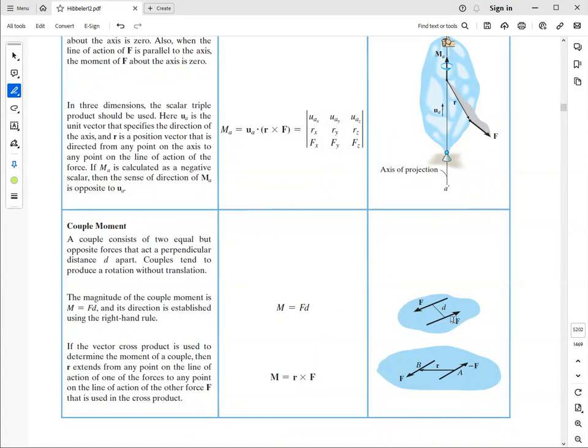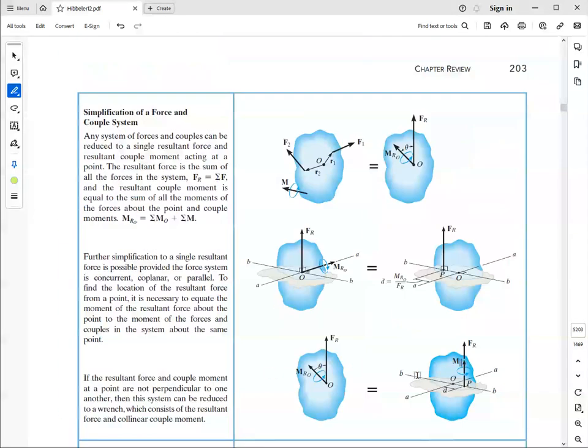When you have two parallel forces that are not overlapping, located some distance apart, what is their effect? And then how we can simplify a system of forces and couples or moments.